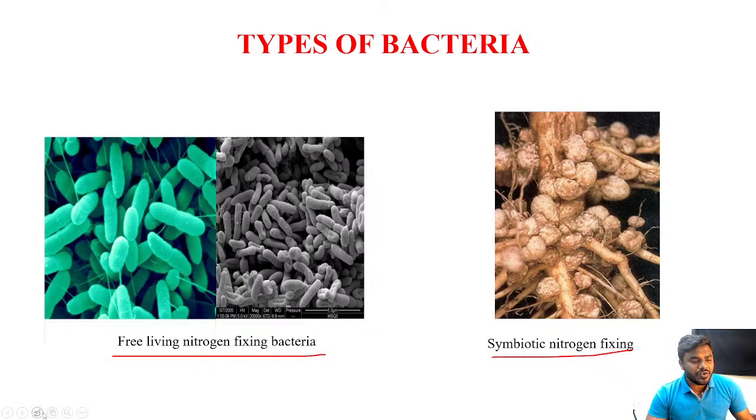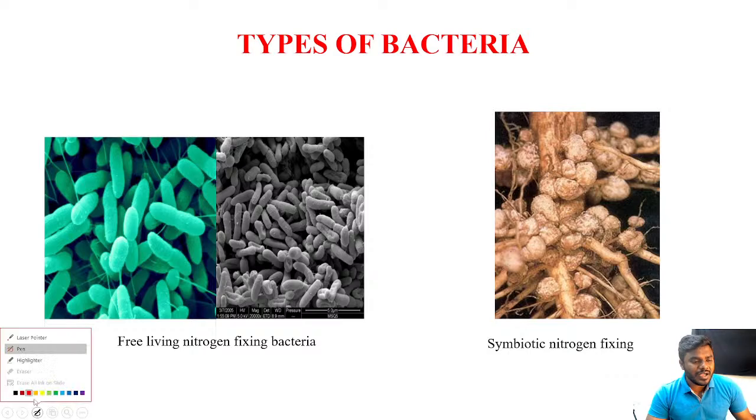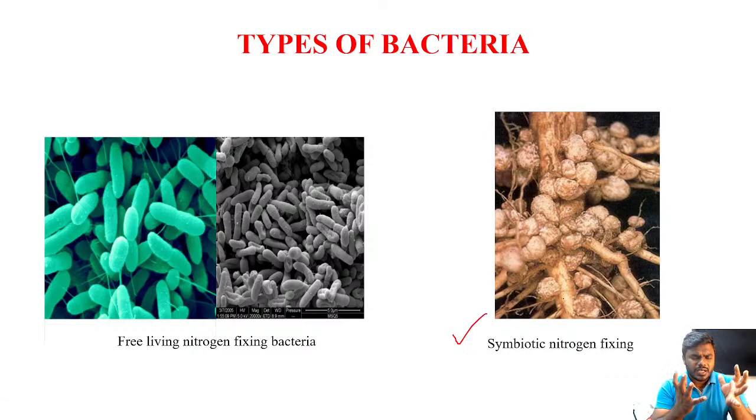What are the major differences between free living and symbiotic nitrogen fixing bacteria? We read many times: symbiotic bacteria always maintain a mutualistic relationship with Leguminaceae plants. So what is the point? The bacteria are involved in nitrogen fixation also.